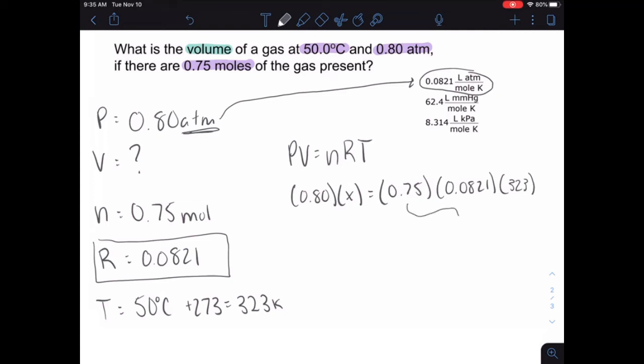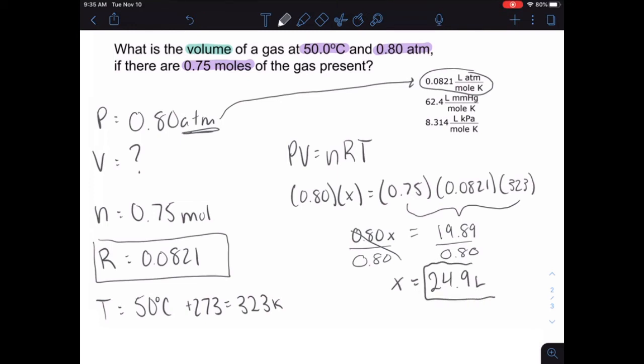And we can go ahead and multiply all of those. And to get X by itself, divide on both sides. And since we're solving for volume, that unit is liters.